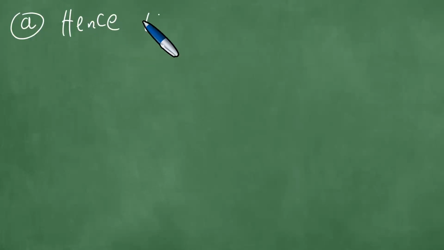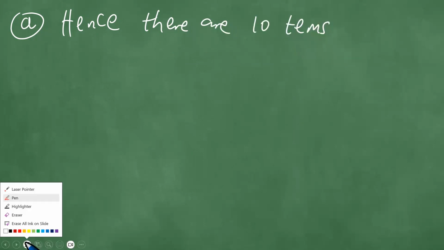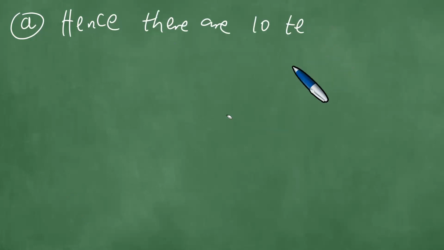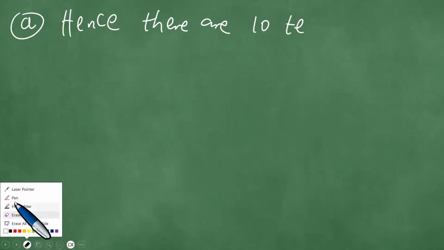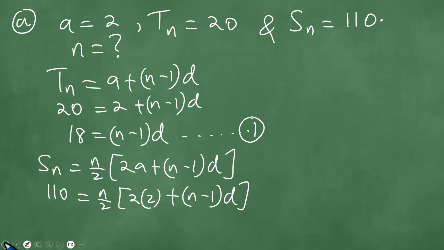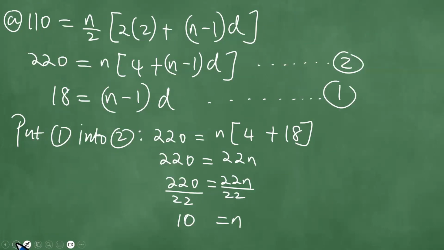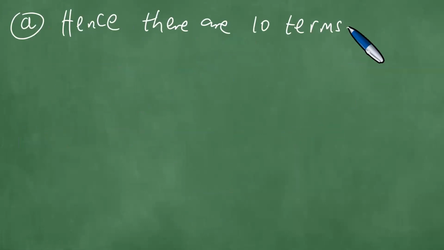So in part A, hence there are 10 terms in the series, because we're dealing with a question where they said it's an arithmetic series. So there are 10 terms in the series.